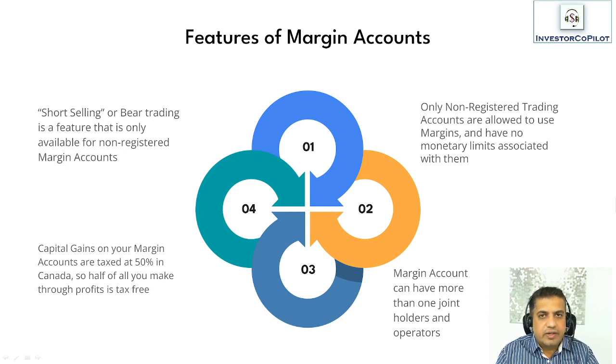Only non-registered trading accounts are allowed to use margin in the first place and have no monetary limits associated with them. What this means is that, let's say you have a TFSA account or a RRSP account, which are registered accounts, you won't be able to conduct margin trading in your registered accounts in all of these.